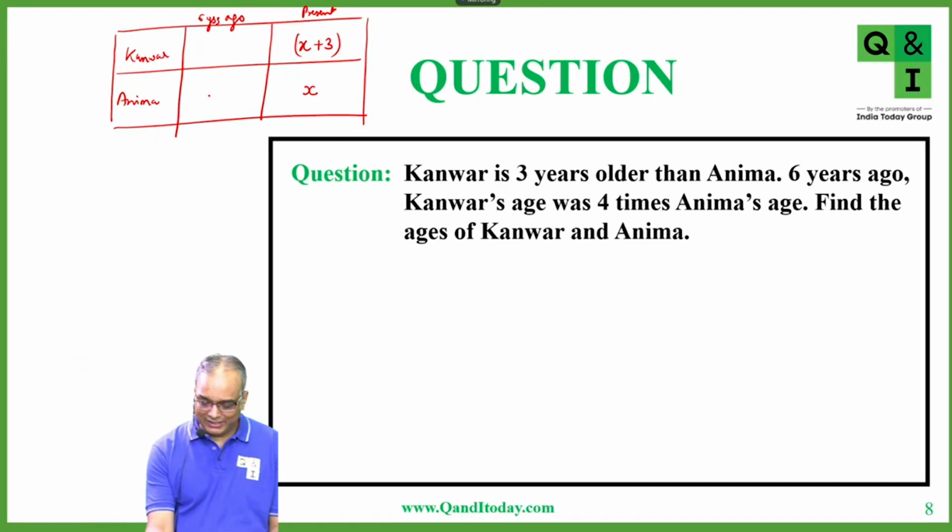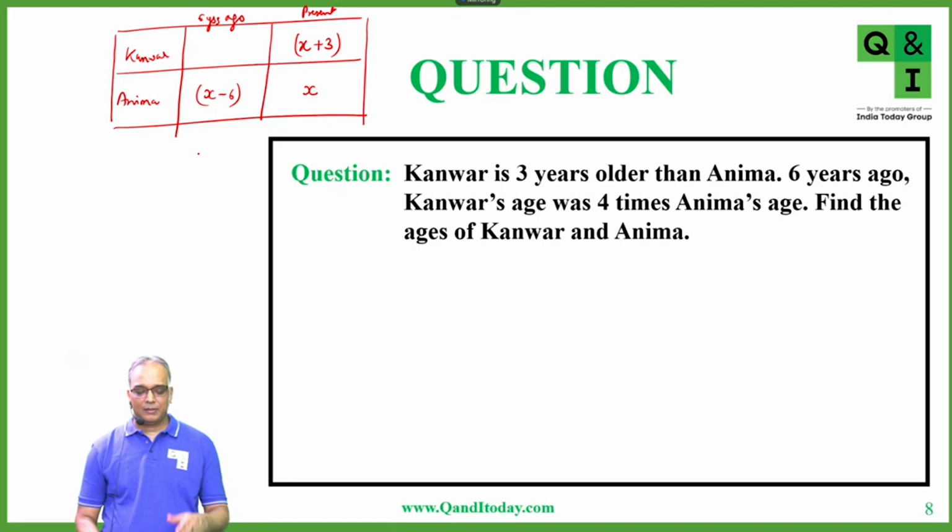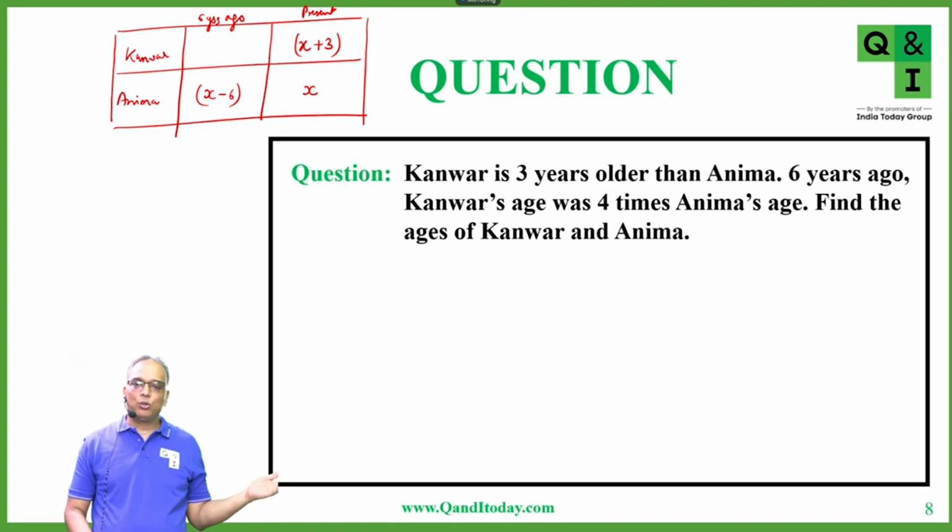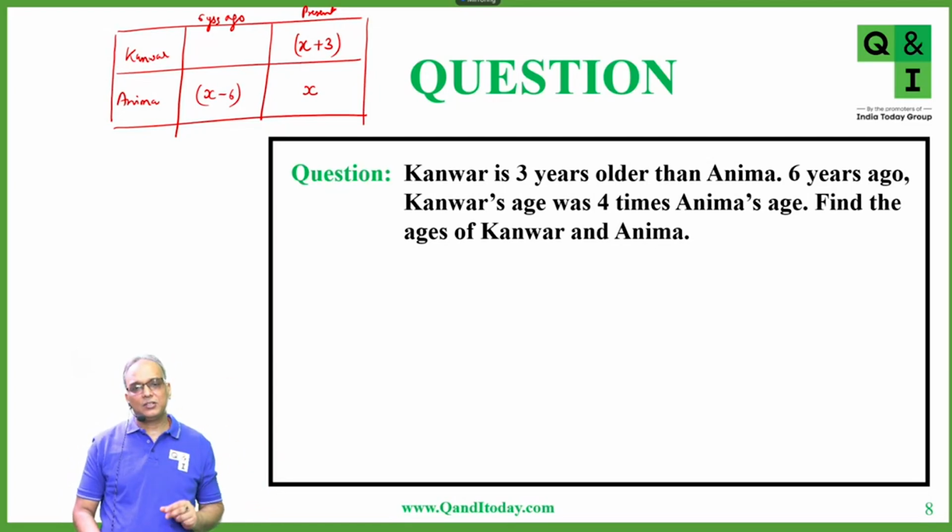So 6 years ago, Anima would be x minus 6, because you have to find the age 6 years back. So you will have to subtract 6 years from the present age. So x minus 6 is the age of Anima 6 years ago.